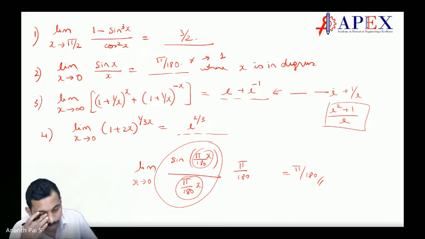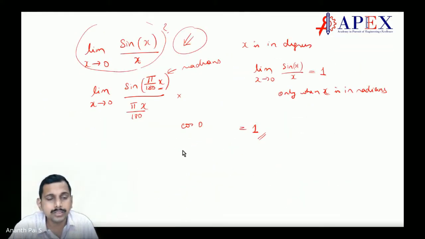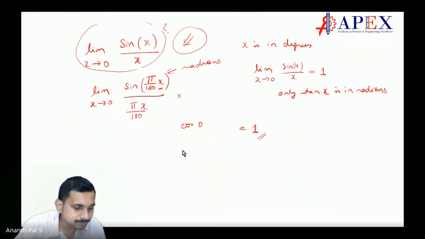Nitin, what do you say? I think it's pi by 180. Why? We are not able to justify why. For sin X by X to be 1, X should be in radians.